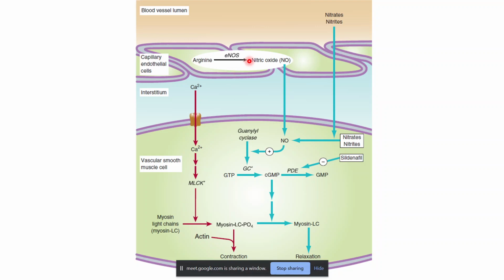So after the release of the nitric oxide, it combines with the guanylyl cyclase and promotes formation of the cyclic guanosine monophosphate. That is the first step to the muscle relaxation.